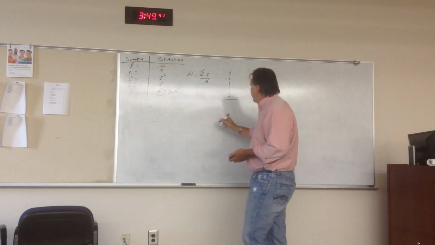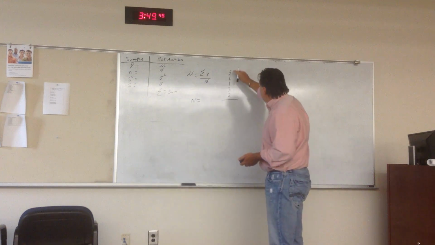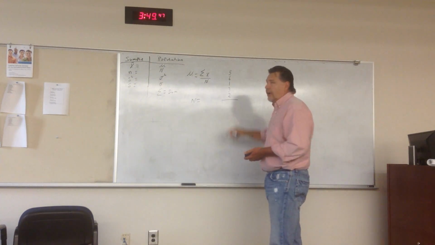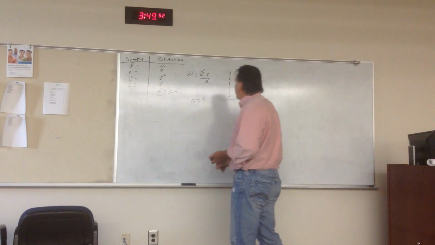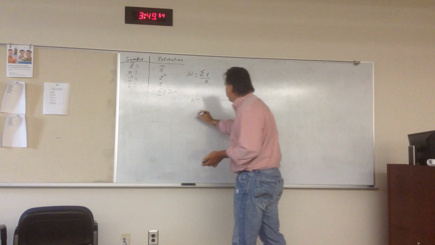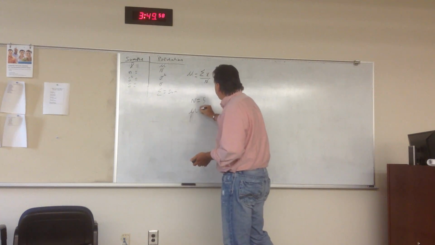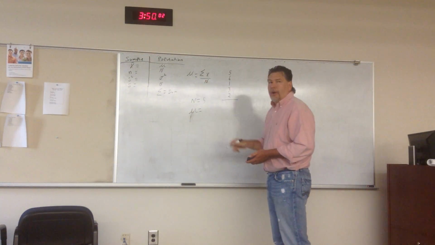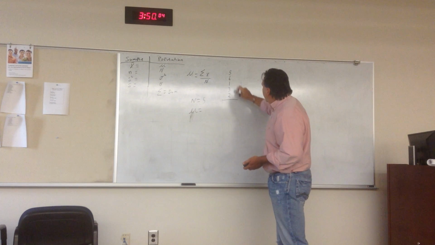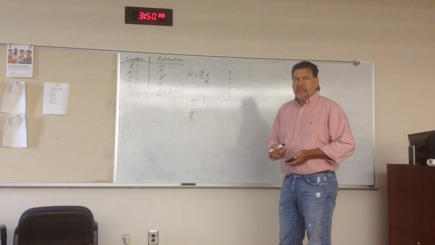So I have an N that's equal to 5 because I've got 1, 2, 3, 4, 5 data points. Now the next thing I want to do is find my mean, my average. And how I do that is I sum up all the x's. This is an x, this is an x, this is an x, this is an x, this is an x.